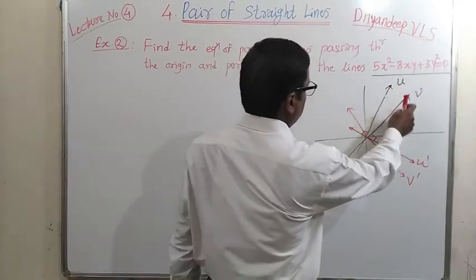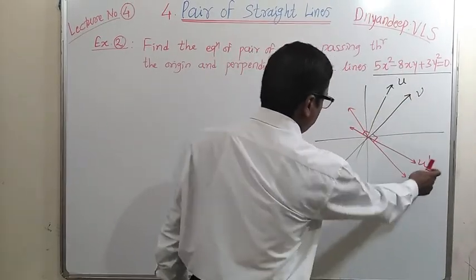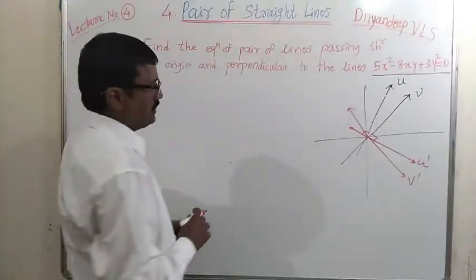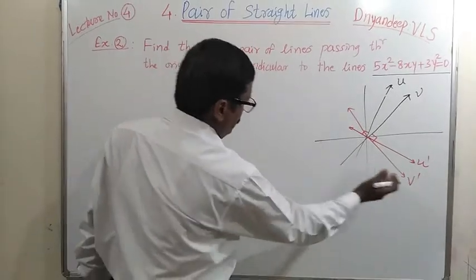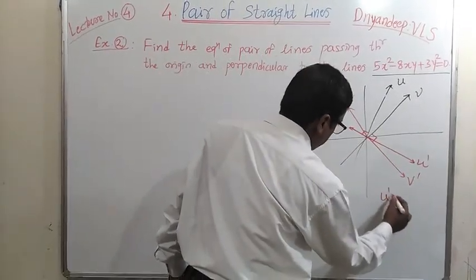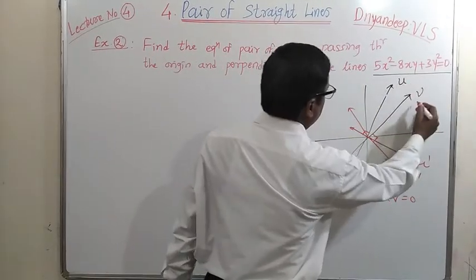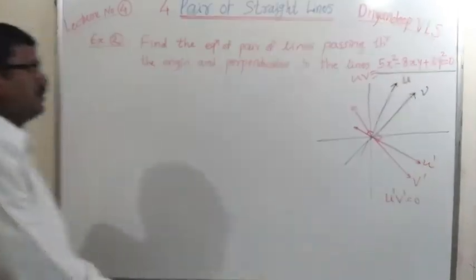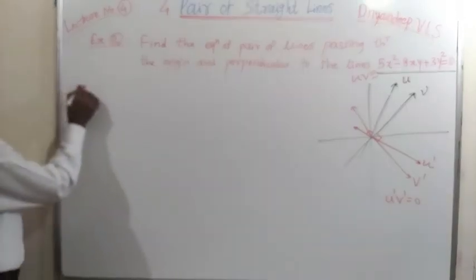The combined equation of these two lines is given, and we have to find the combined equation of U dash and V dash. So this is UV equal to 0, and we want to find U dash V dash equal to 0. Okay, let us see the solution.